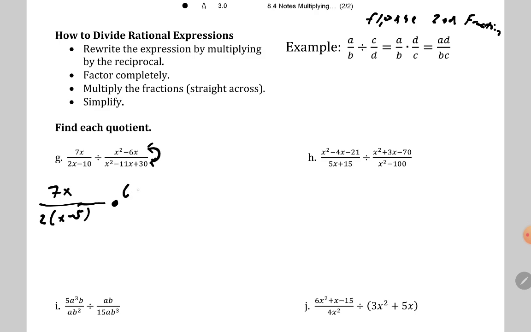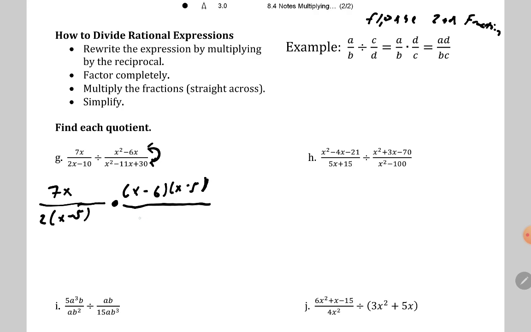So this is x, two numbers that multiply to 30, which is 15 and 2, 30 and 1, 10 and 3, what else? 6 and 5, there we go. (x minus 6)(x minus 5). Those two add up to negative 11. Okay.